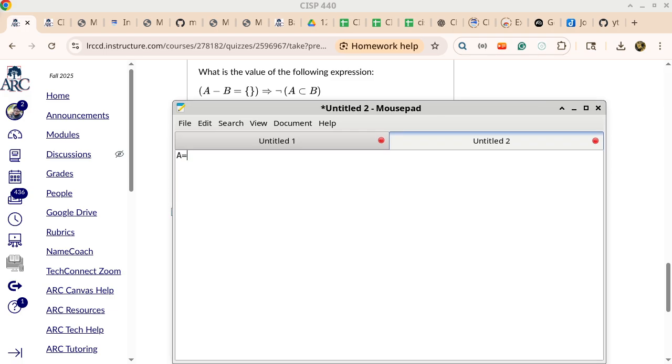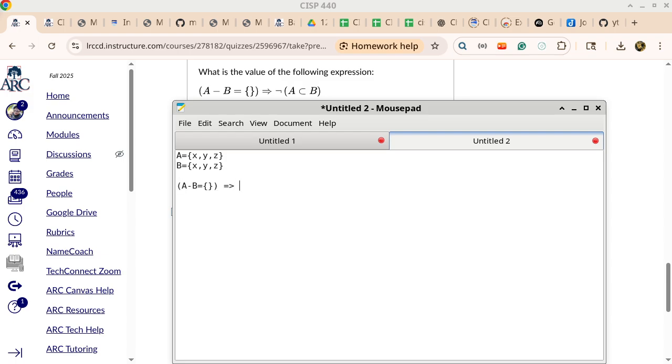So the first one is what if A and B are the same? They both contain X, Y, Z. Actually, let me use X, Y, Z, because this way there's no confusion when you're just listening to the lecture. So B also has just X, Y, Z. If A and B are defined like this, then A minus B is the empty set is true, so this whole thing is true. Now we have to look at the right-hand side.